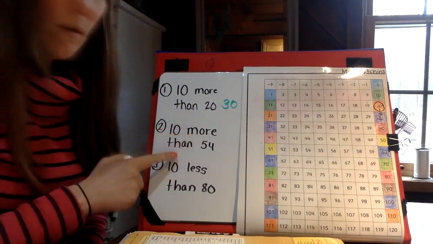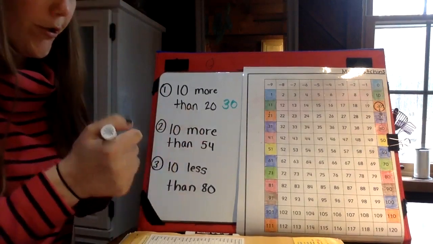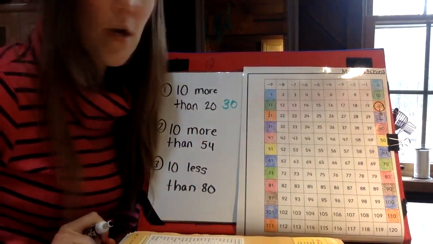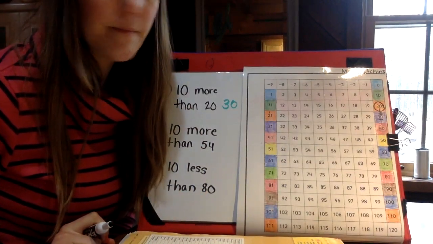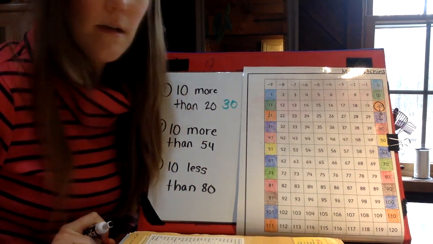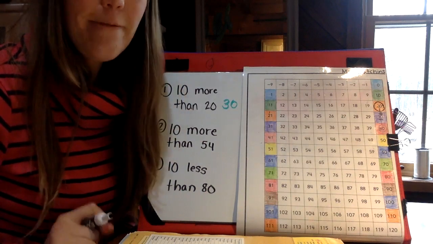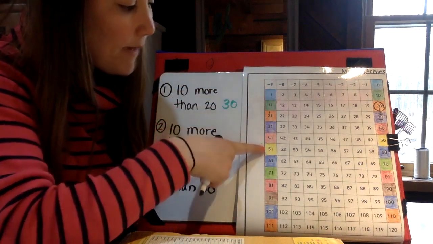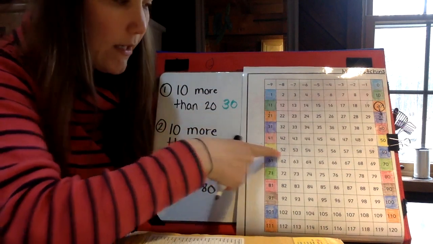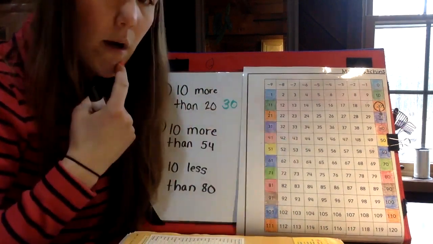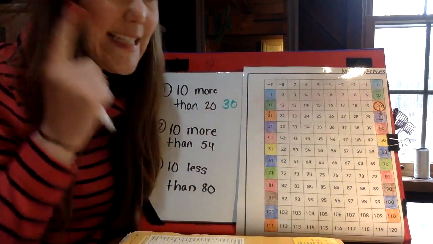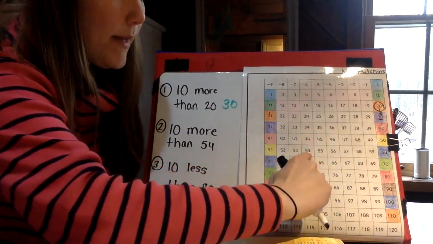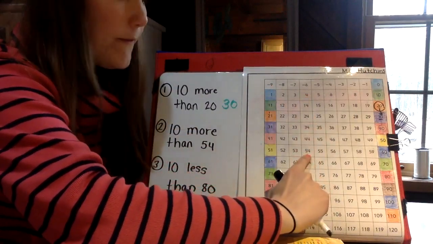All right, number 2. What is 10 more than 54? Give you a second to solve that. All right, we are going to find 54 on our number grid. Now you can go down and find where 50s begin and then go over to 54, or you can listen to the last number 54, find the 4 column and go down to where you see 54.